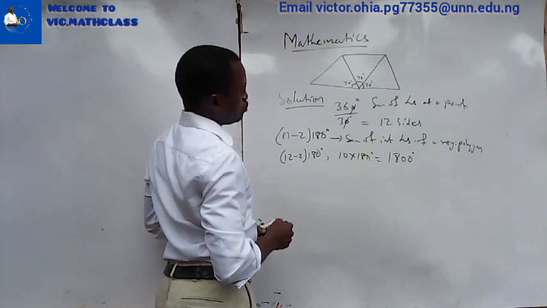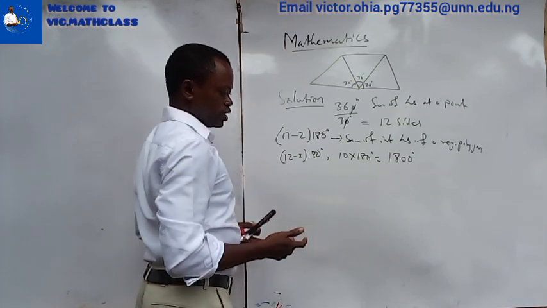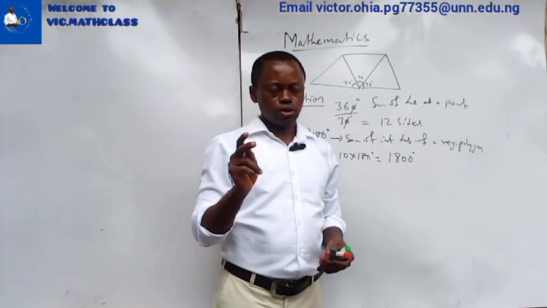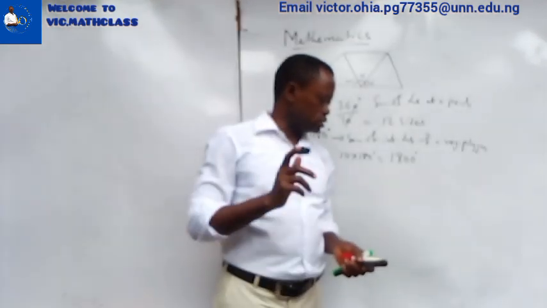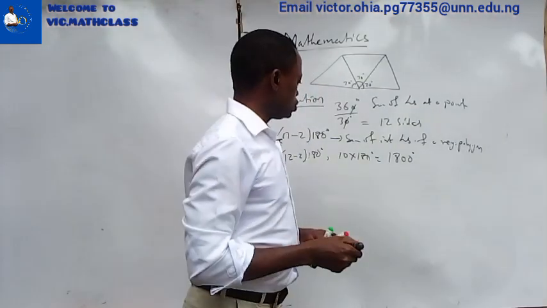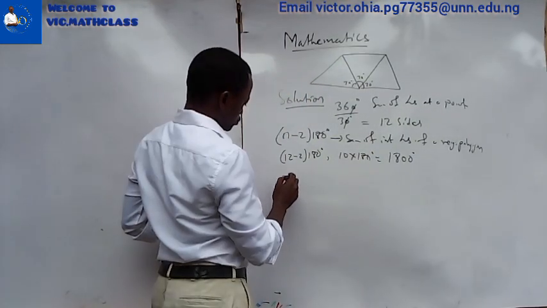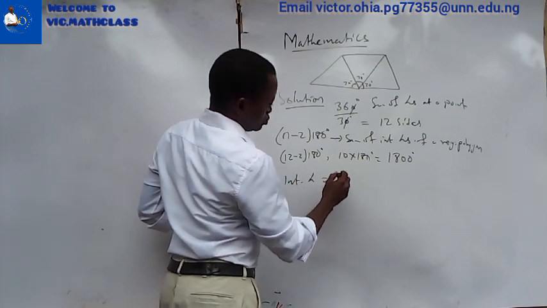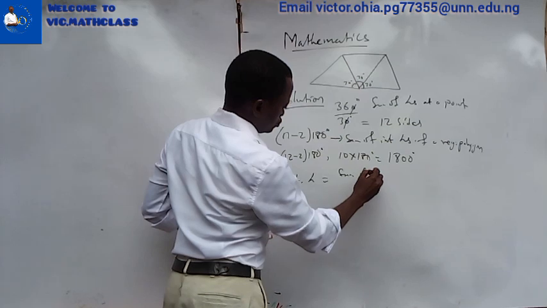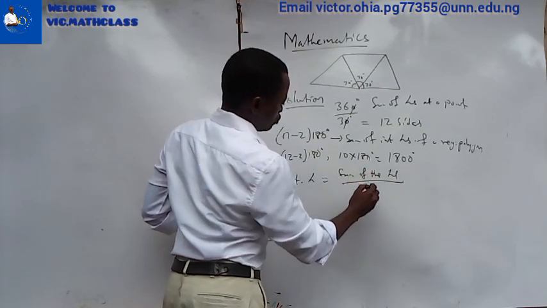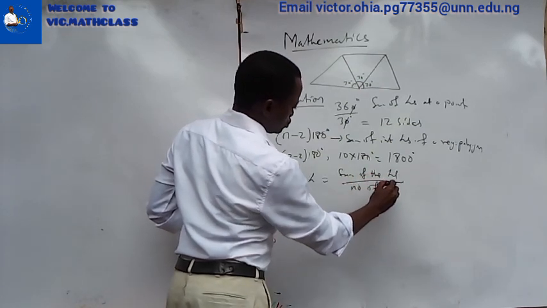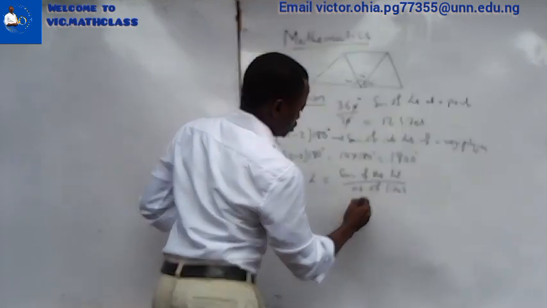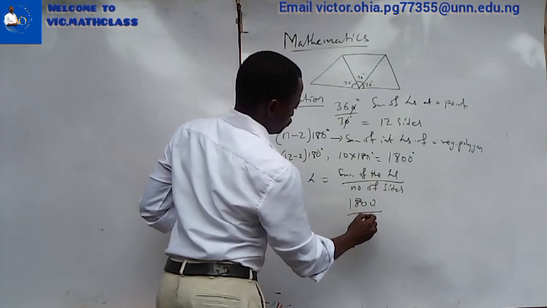So if we now want to find each interior angle, as the question says, each interior angle will be the sum of the angles over the number of sides. That gives us 1800 over 12.